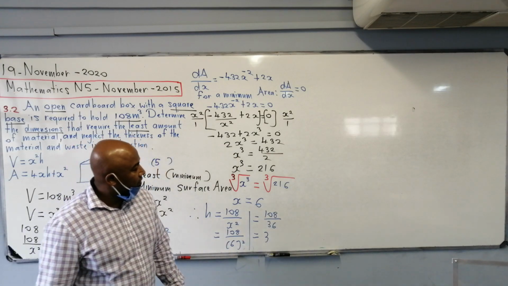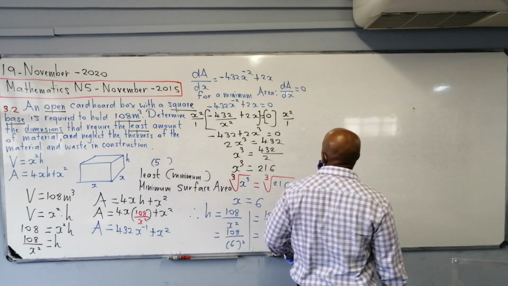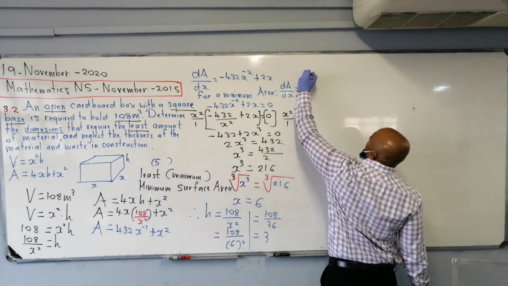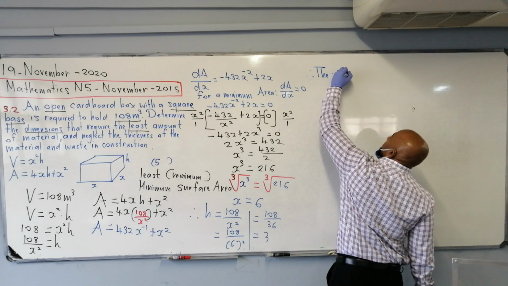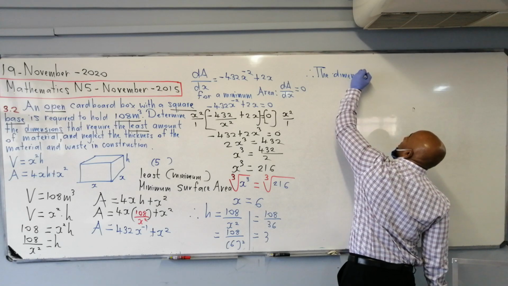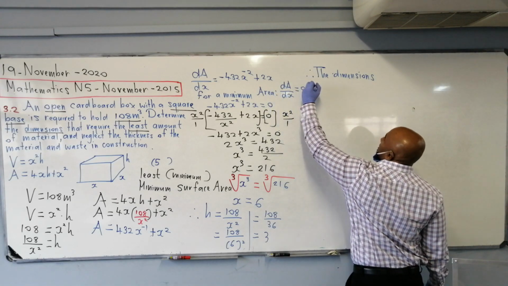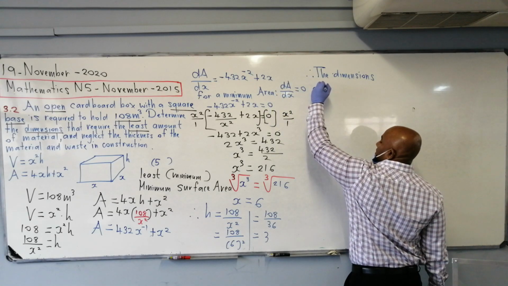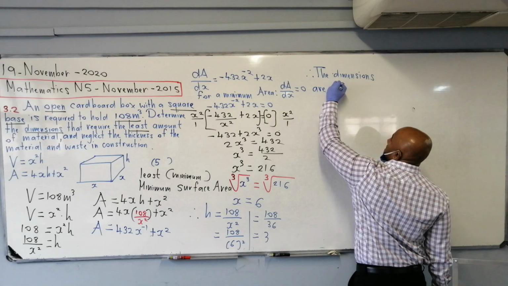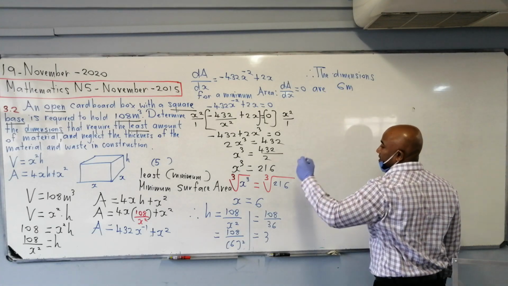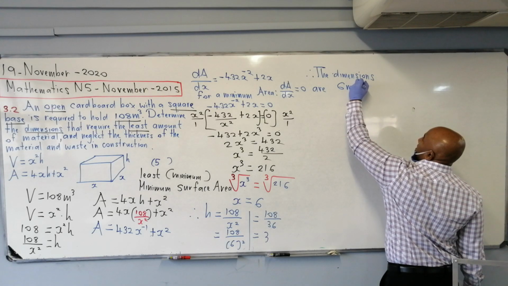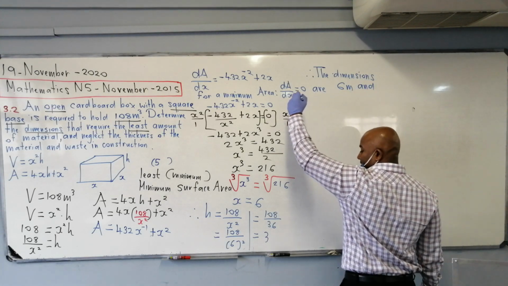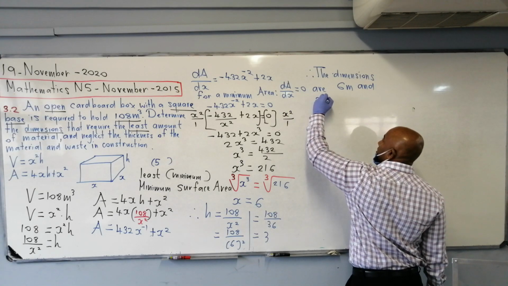Okay, so the dimensions, so you can say therefore the dimensions are 6 meters and 3 meters.